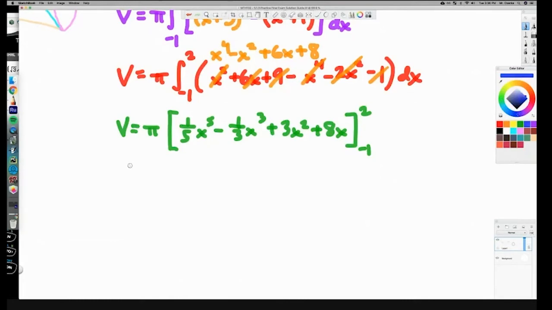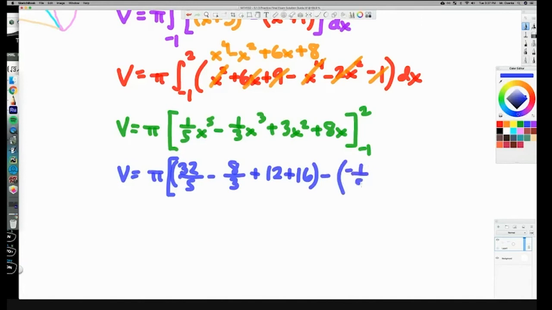So you end up with 32 over 5 minus 8/3 plus 12 plus 16 minus, then you plug negative 1 into all of these. Holy cow, it's a mess. I hope we did this right. Doing an awful lot of writing here. All right. I would just use your calculator at this point to add all these up.